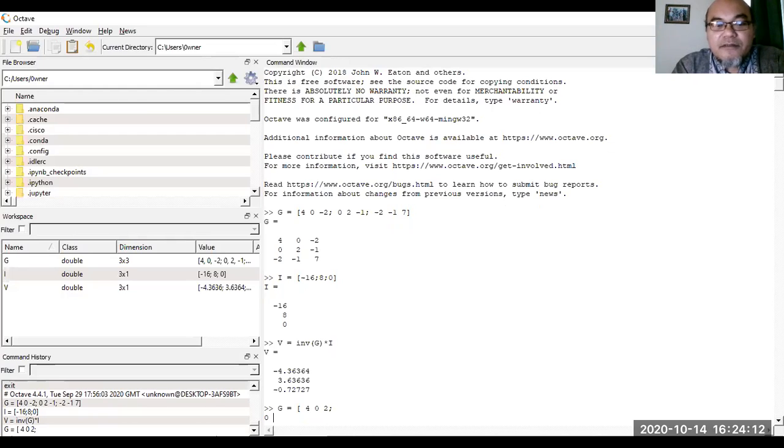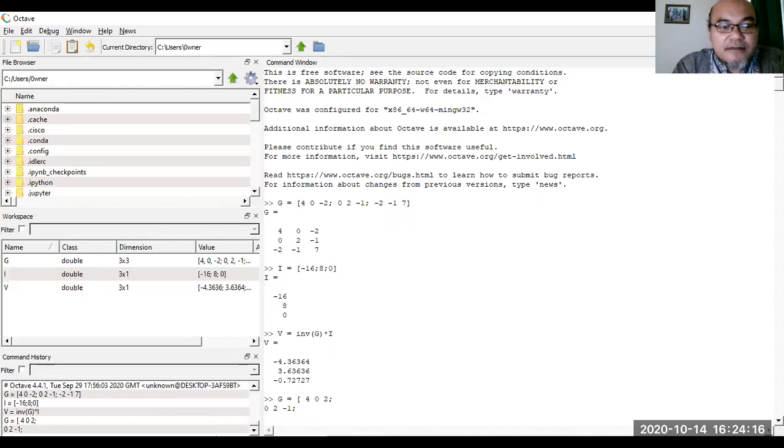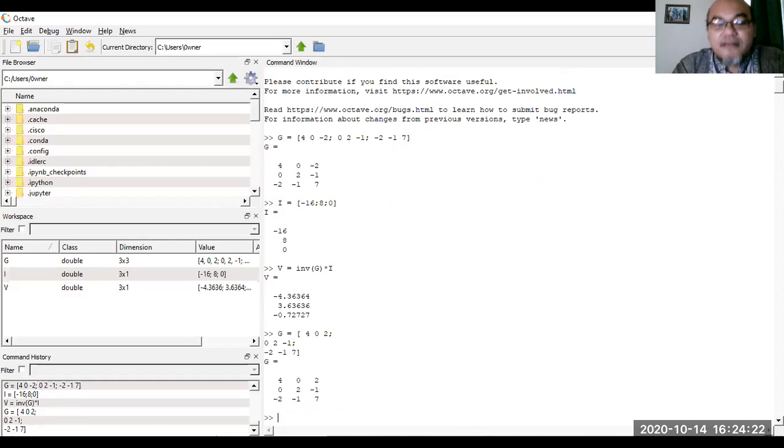Then 0, 2, -1. Then -2, -1, 7. Then enter. Then you have your matrix of the conductance, the 1 over R matrix: 4, 0, 2, 0, 2, -1, and -2, -1, 7.